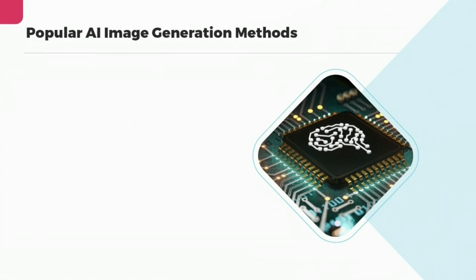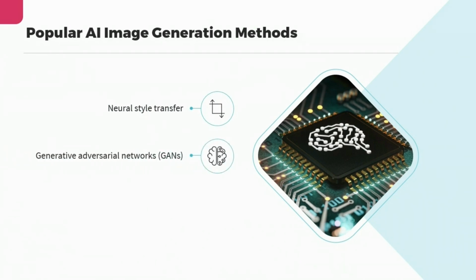There are some popular AI image generation methods that we should look into. One of them is neural style transfer, and there are generative adversarial networks, the GANs that are used right now. And then there are also diffusion models. If we think about the generative adversarial network, we're employing a duo of neural networks to train to produce realistic images that resemble the ones in the training set.